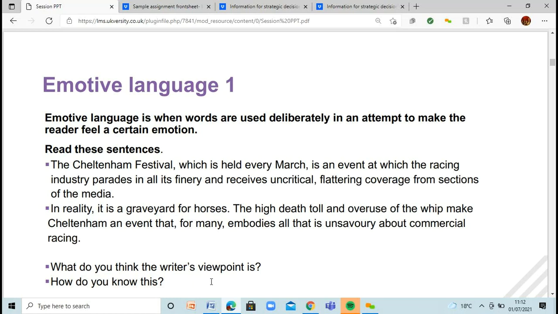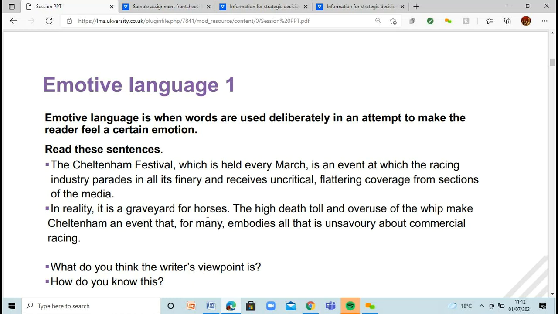And then, is there anything in these sentences that can show evidence that the writer thinks that this is not a good idea, it's not a good festival? It says it's a graveyard for horses. Exactly, yeah. So you could just put that sentence out and say it is a graveyard for horses.